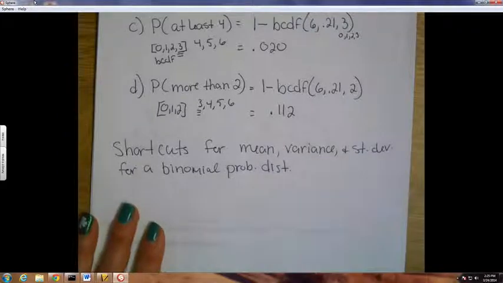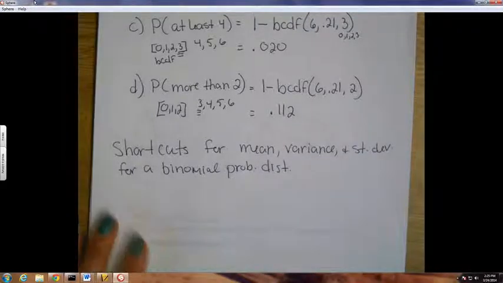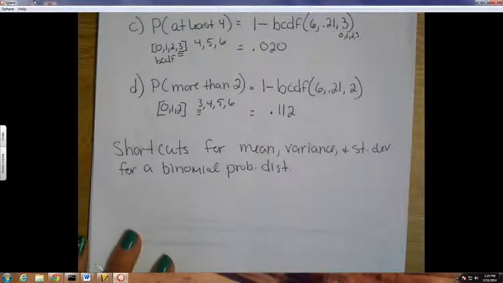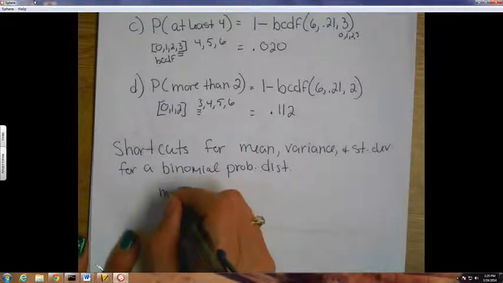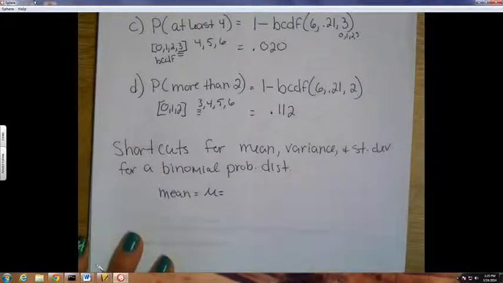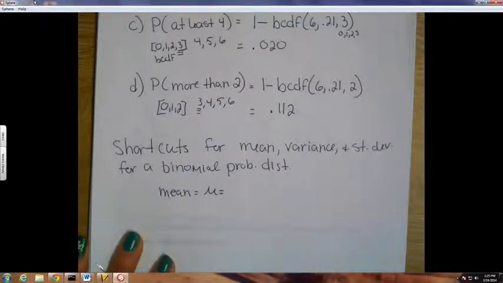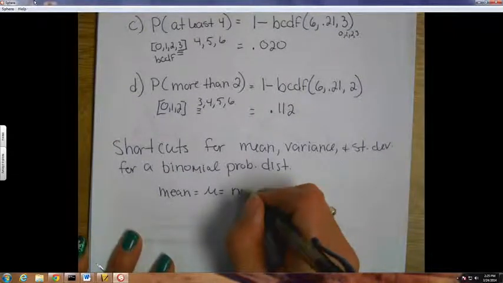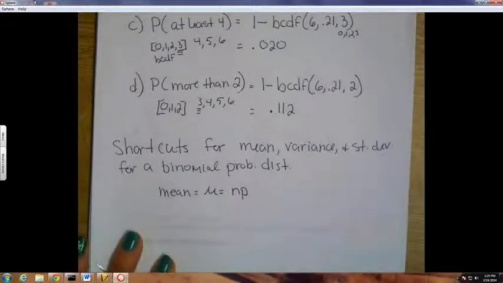Shortcuts for mean, variance, and standard deviation for a binomial probability distribution. The mean, mu, the formula for that is just n times p, the number of trials you're doing times the probability of success.